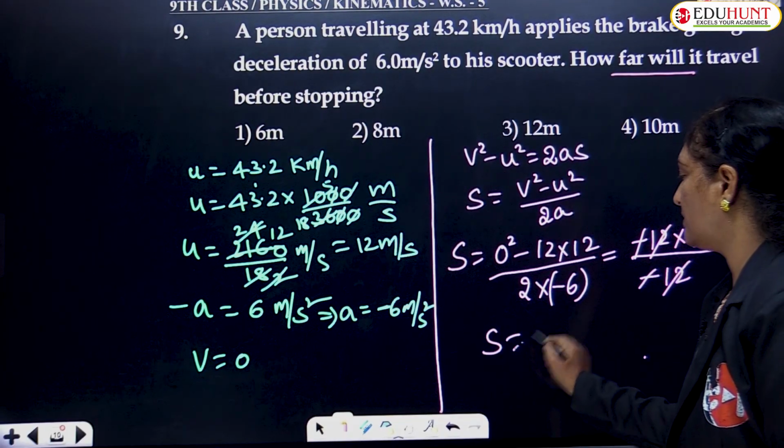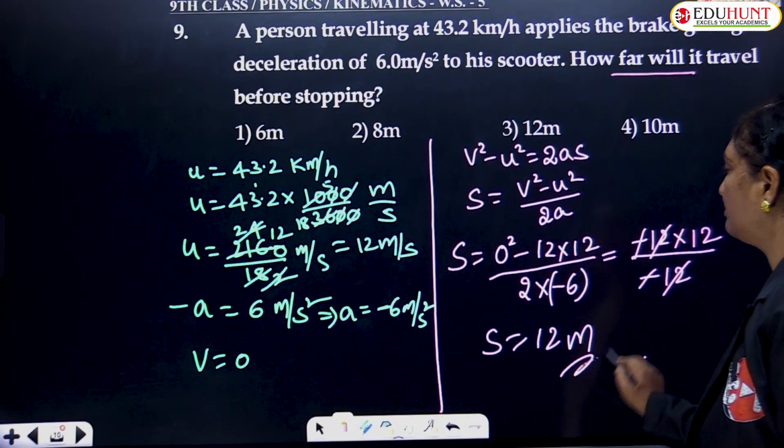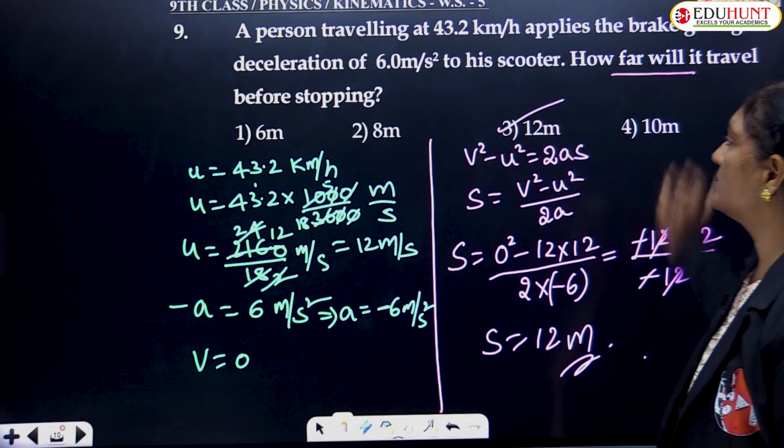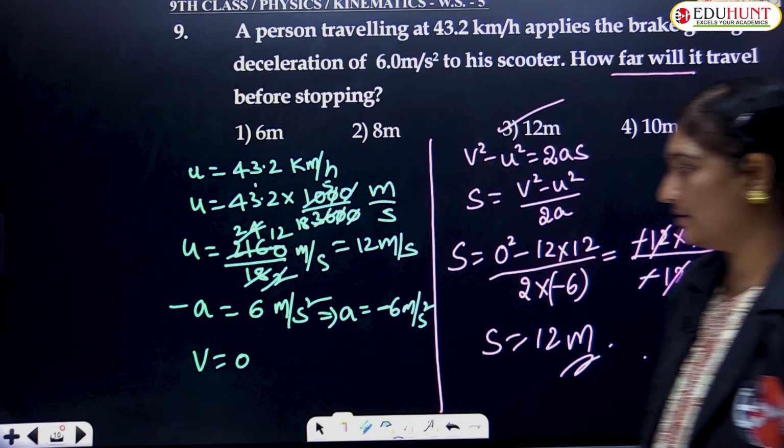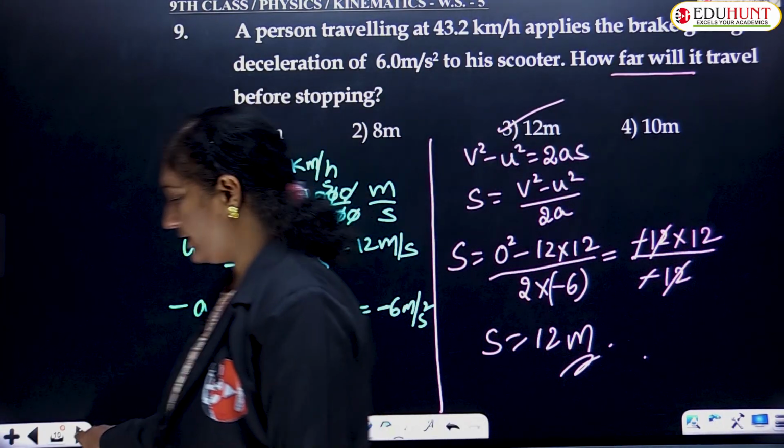Hence the displacement was found to be 12 meters. So here goes your answer. So before stopping, how much distance has it covered, children? It is 12 meters. Now moving to the next question.